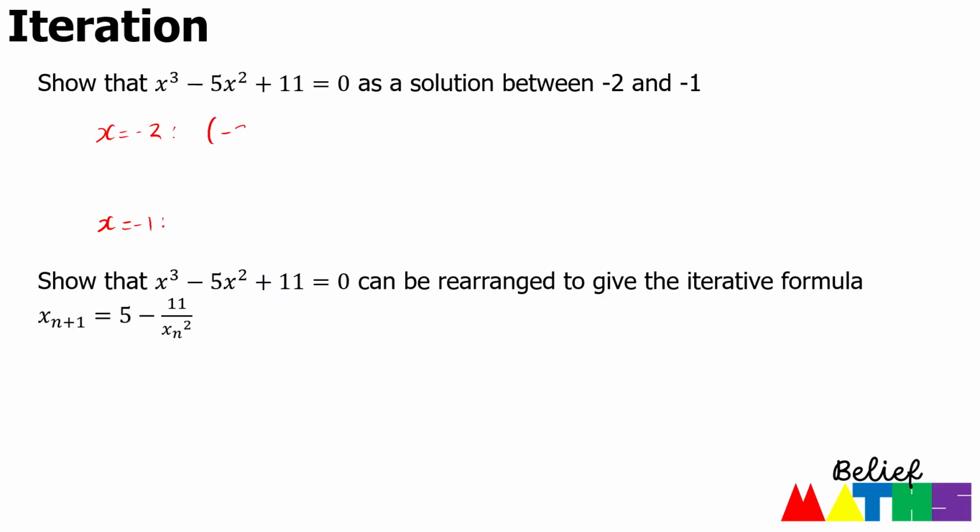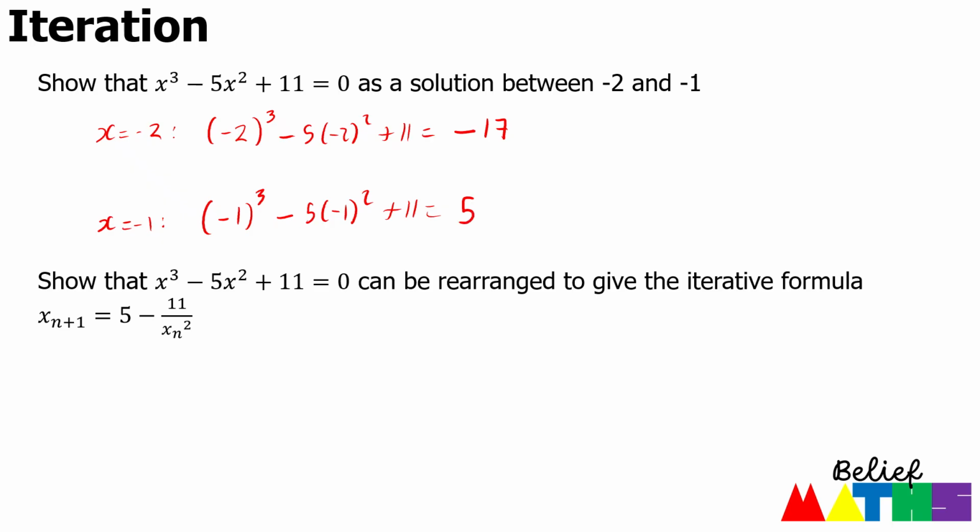So subbing in minus 2, you get minus 2 cubed minus 5 times minus 2 squared plus 11. Putting that into your calculator gives you an answer of negative 17. If we do the same thing with minus 1, again just subbing minus 1 in instead of minus 2, that gives us an answer of 5.